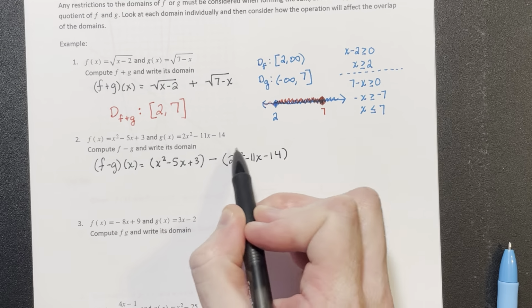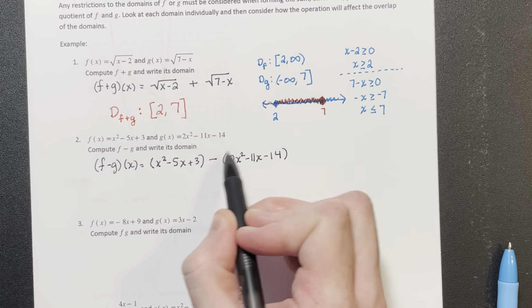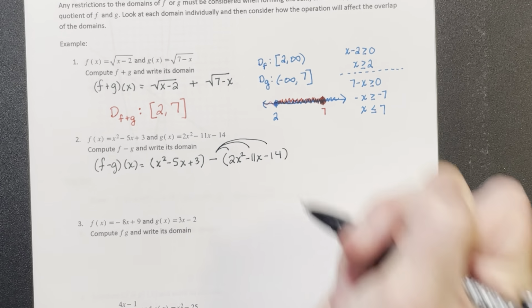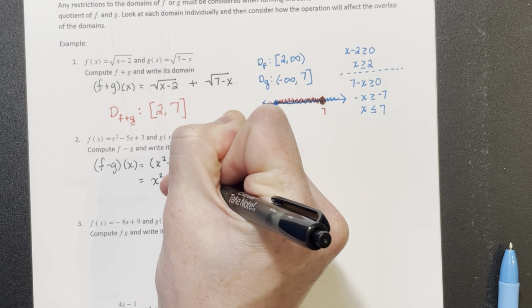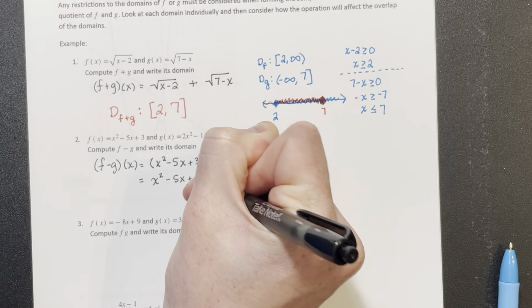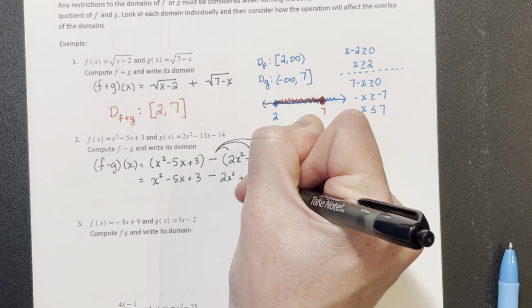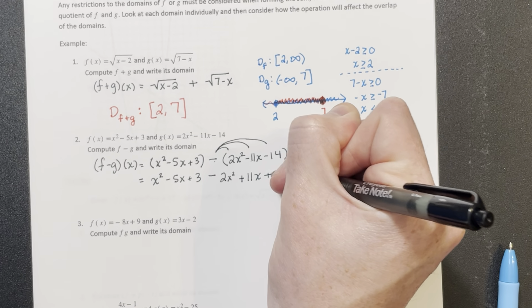We are subtracting this whole thing, not just one number, which means I'm going to have to distribute this subtraction. So if I simplify this further, I'd have x squared minus 5x plus 3, there's our f, minus 2x squared plus 11x, because we're subtracting a negative, and then plus 14.